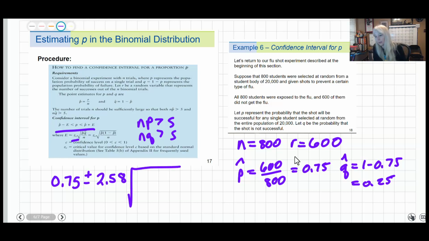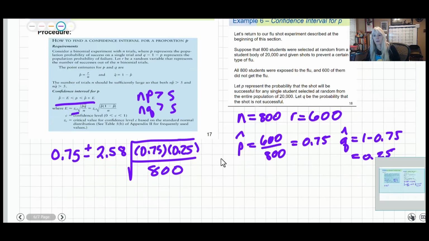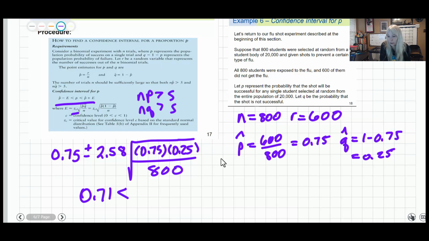And now I plug in my p hat times my q hat, and then all divided by my sample size. And I got 0.71, which is surrounded by my population proportion, and 0.79.